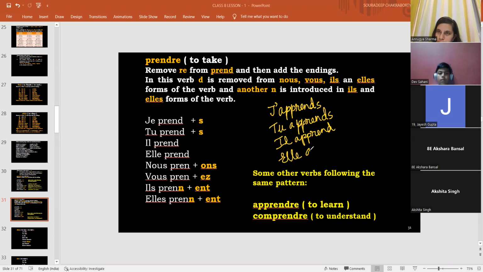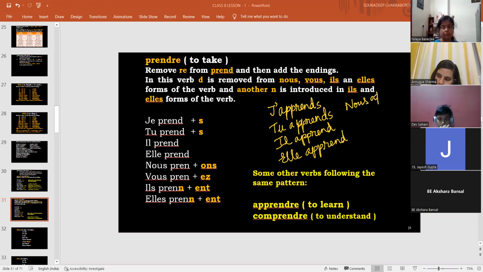Then elle apprend. A-double-P-R-E-N-D. But when we are writing with nous, we can see that D is missing. A-double-P-R-E-N, then D is not there. And then we are placing O-N-S. Nous apprenons. Next is vous apprenez. A-double-P-R-E-N-E-Z. Apprenez. D is missing.